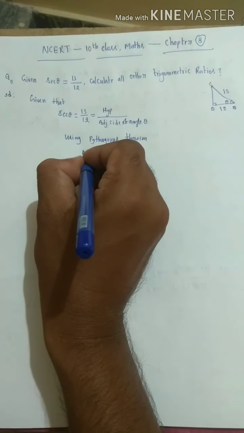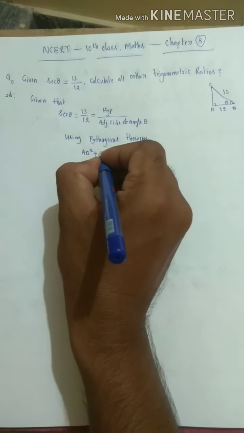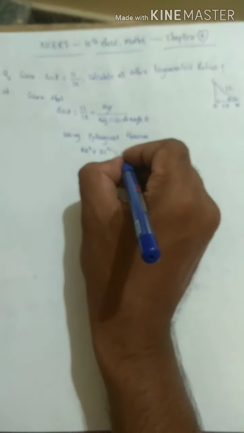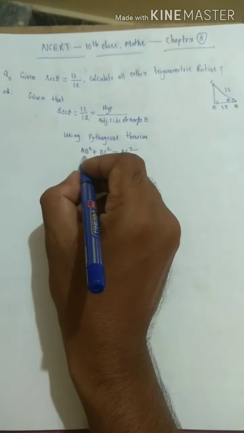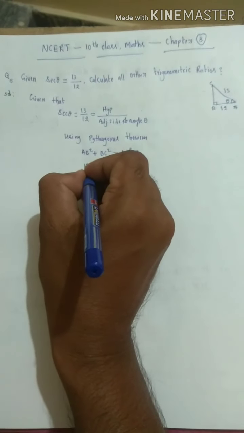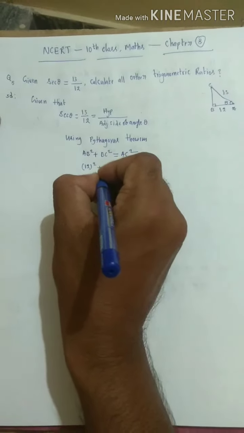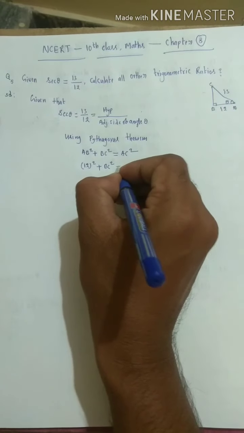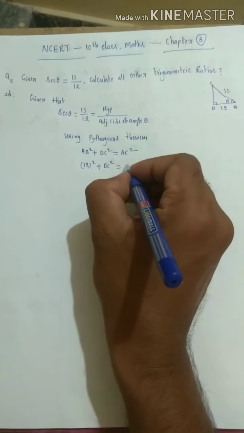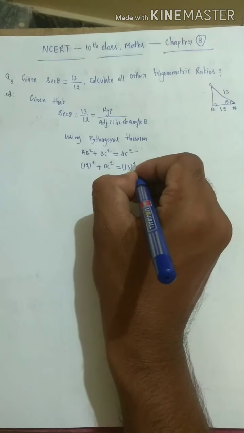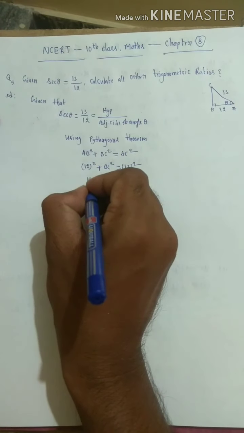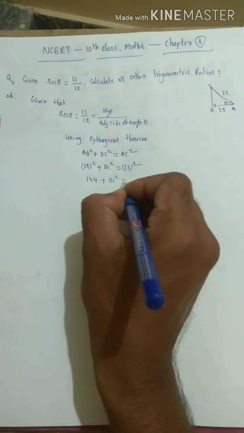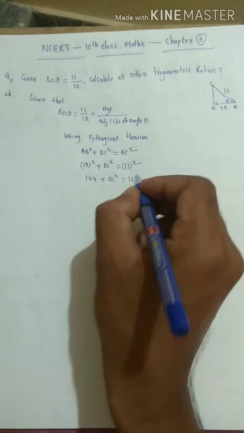Here one side is AB square plus the other side BC square equal to the hypotenuse AC square. AB value is 12 square plus BC value is not there. AC value is 13 square. 12 square value is 144 plus BC square is equal to 169. 13 square value is 169.